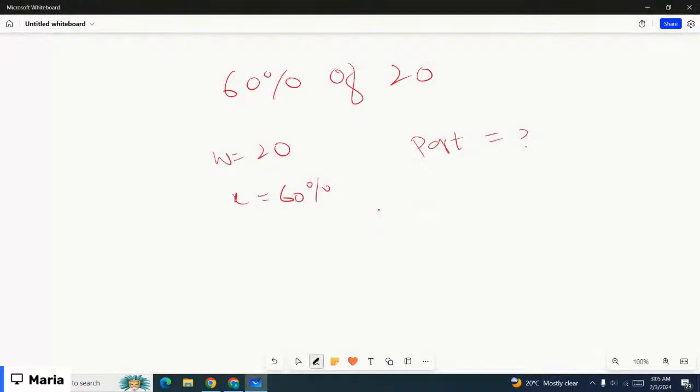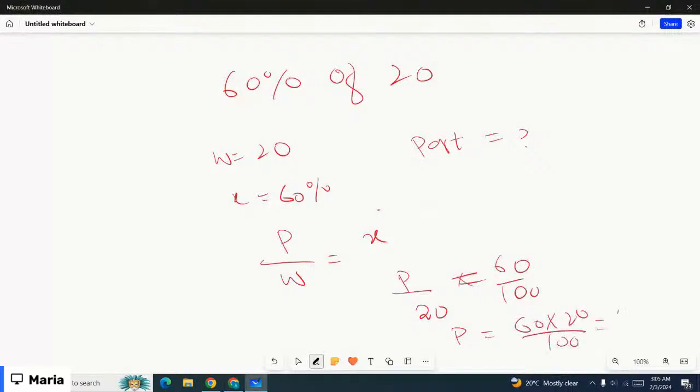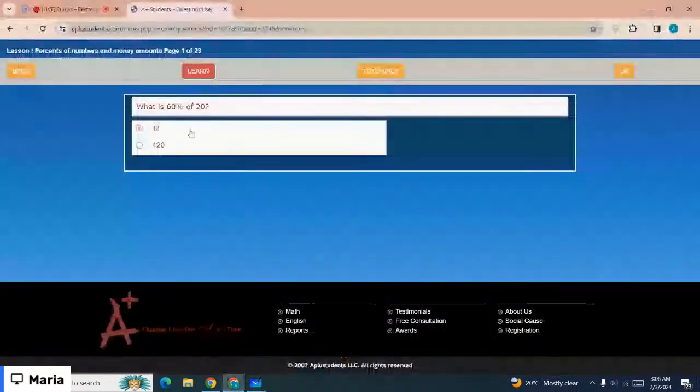So you form a proportion: part divided by whole equals the percentage. Part you need to calculate, the whole is 20, and that equals 60 over 100. So part equals 60 times 20 over 100, that equals 12. That means 60% of 20 is 12. Got it? The correct option is 12.